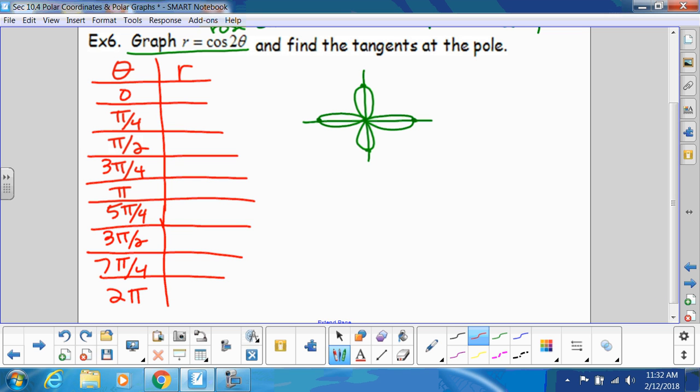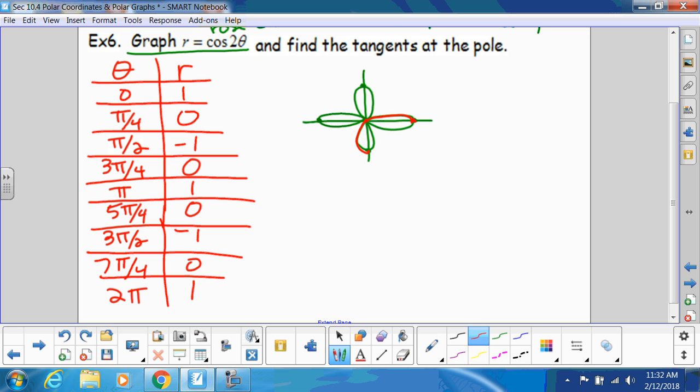All right, so I'm going all the way to 2 pi, and I can anticipate that since it's a 4 petal rose, I have to go through all the petals. At 0 it's 1, pi over 4 it's 0, then negative 1, 0, 1, 0, negative 1, 0. So at 0 it's 1, pi over 4 is 0, then pi over 2 I'm at negative 1, so that's here, tracing it like this.